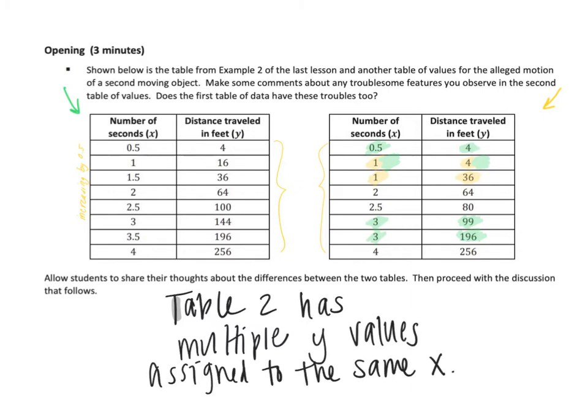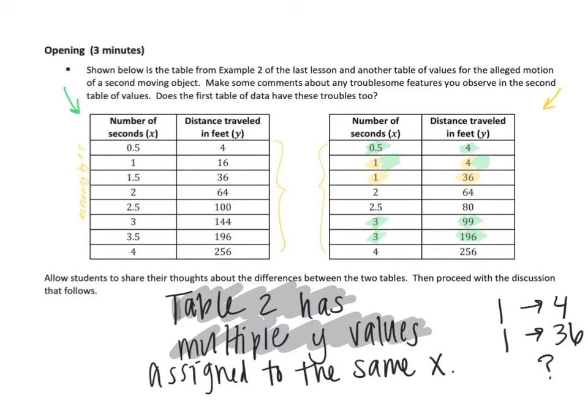For example, 1 was assigned to 4, and 1 was also assigned to 36. And that does not make any sense. So make sure you've seen that from this table and written it down. That is what's troublesome about this table: it has multiple y values assigned to the same x value. Okay, and then we're going to continue on.